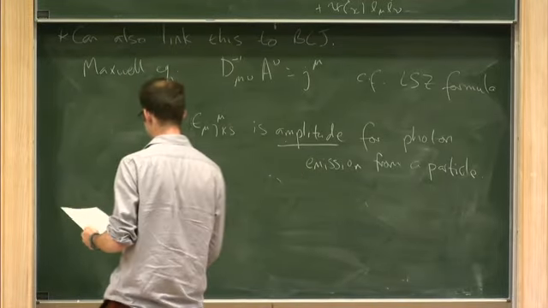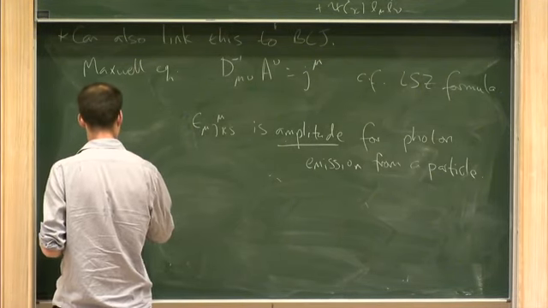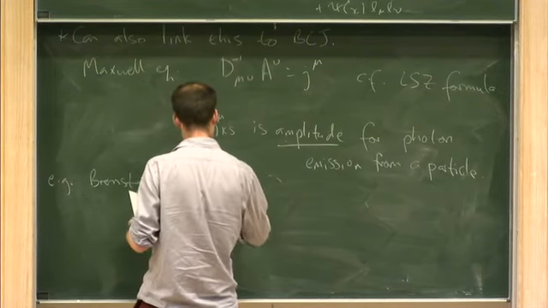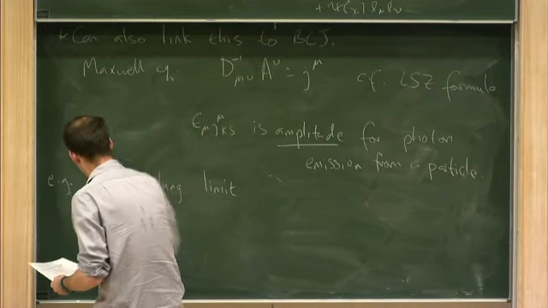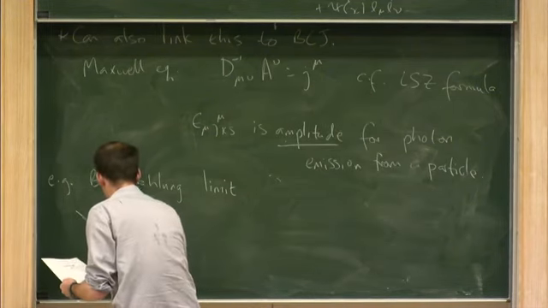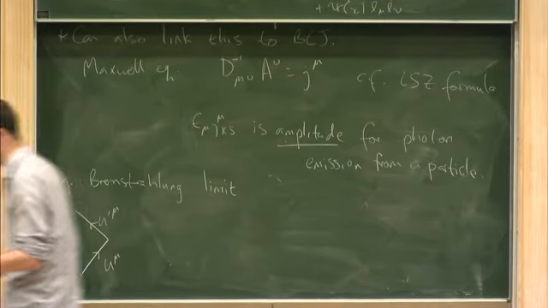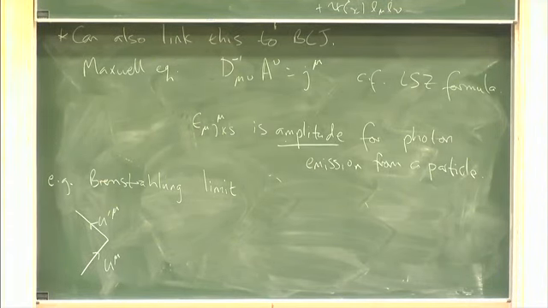Now, we looked at this explicitly in the Bremsstrahlung limit. So that's where the particle, I'll take it as having some four-velocity u mu, and then suddenly there's a kink in its worldline, so it accelerates rapidly in a short period of time to some second four-velocity u prime.